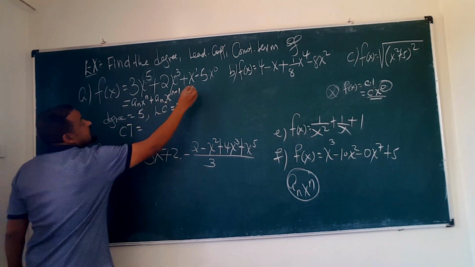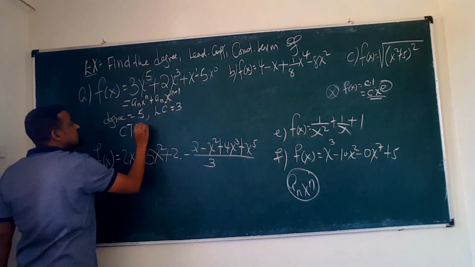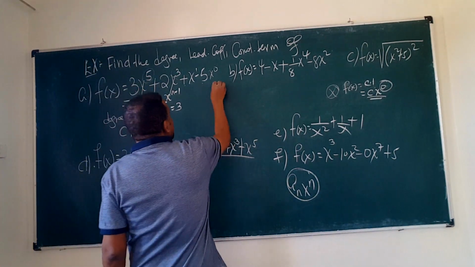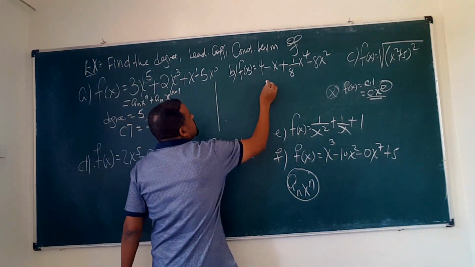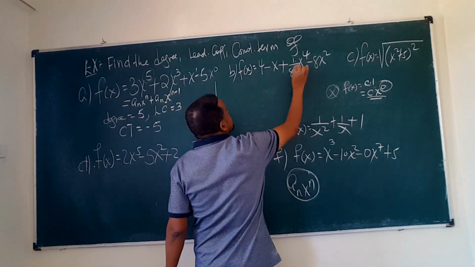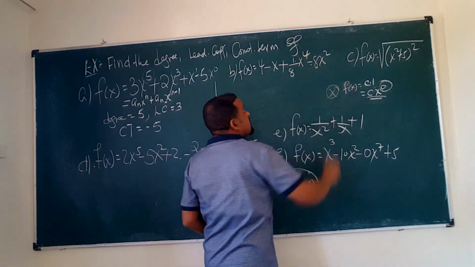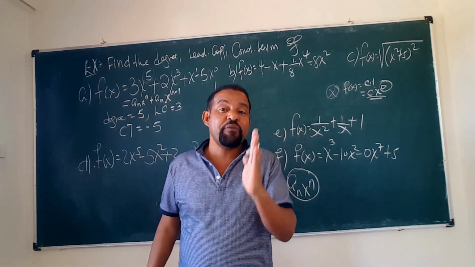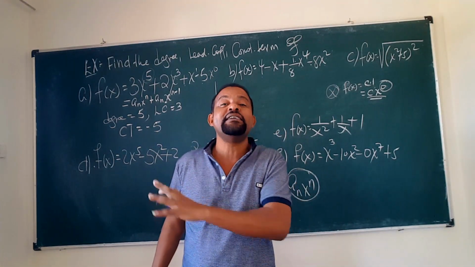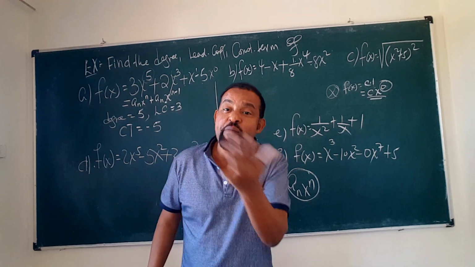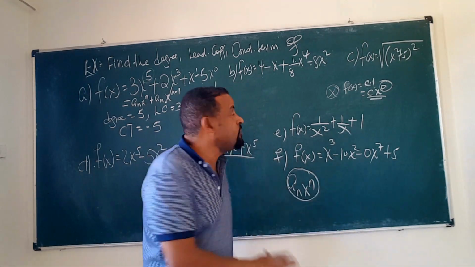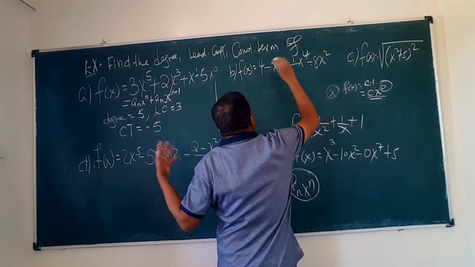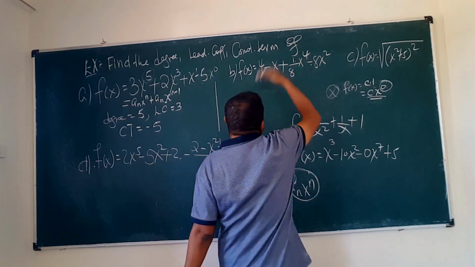What about the constant term? The constant term is the term without a variable, which is negative 5. Okay? The second one, look: 4 minus x plus 1 over 8 x to the power of 4 minus 8x squared. In writing a polynomial function, addition is commutative, so the terms can be placed in any order. The highest power term can come in the middle, at the end, or at the beginning.